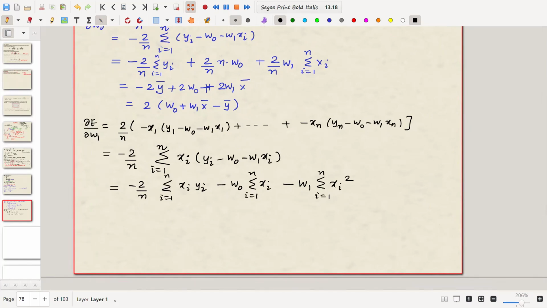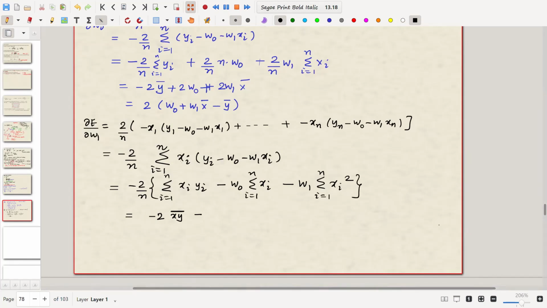So you are taking xi yi and then dividing it by n. So it is like a mean of xy. So we can write this as minus 2 xy bar, then minus, sorry, you should tell me that there are some mistakes.